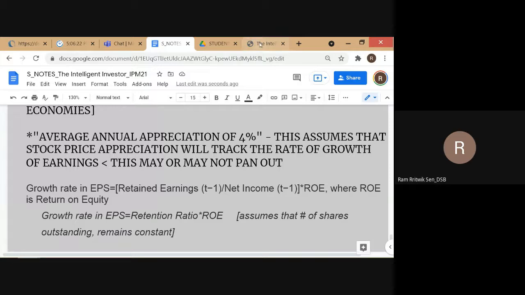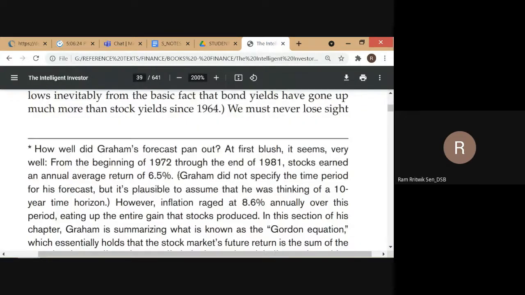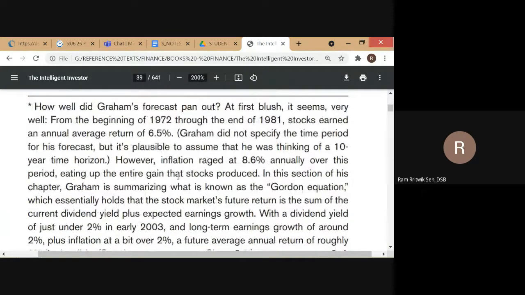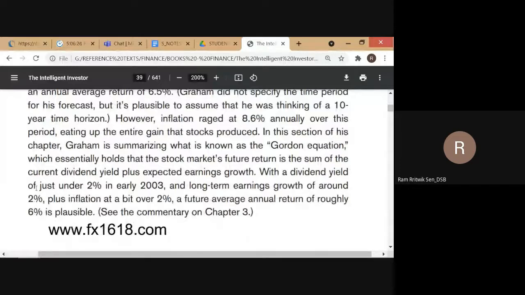Okay, so I think he's given you a name here for that. So this is a slightly different thing. The future return is the current dividend yield plus the expected earnings growth. Here you can see from the Gordon equation that your return is going to consist of two things.